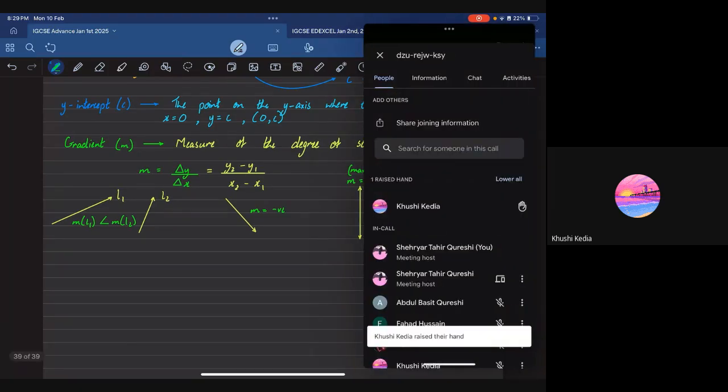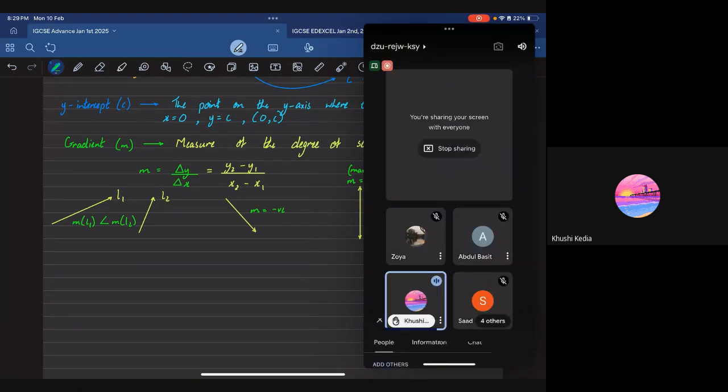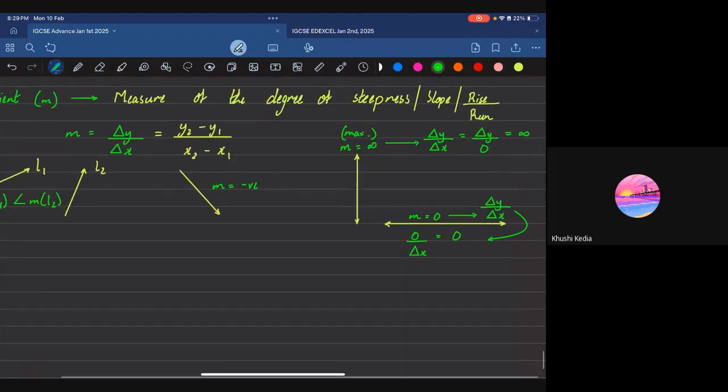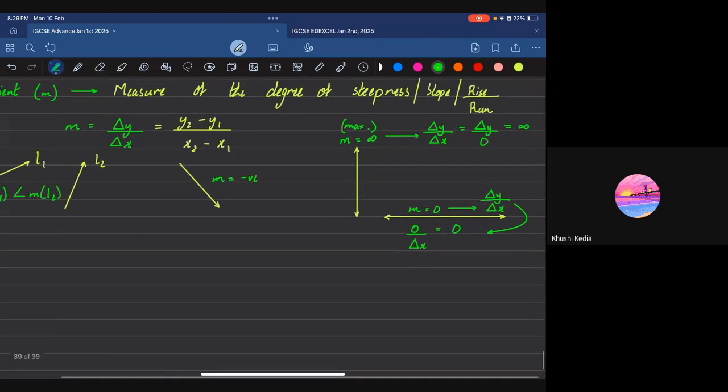Yes, Khushi. So I have a question. If we ever have to write the value of the gradient, do we write undefined or do we show the infinity symbol? Both can work, Khushi. It means the same thing. What is undefined? The answer is too big or too small that you cannot write it.